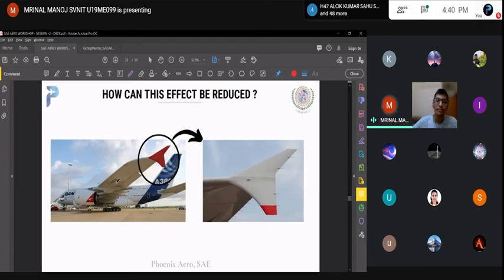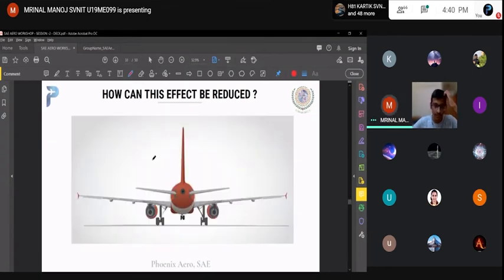Now, how can it be reduced? I'm pretty sure that everyone has sat at the wing seat of an aircraft where you can see the wing. This is something everybody sees, and it is called a winglet. This winglet helps to reduce the wingtip vortex. How this works is pretty simple.